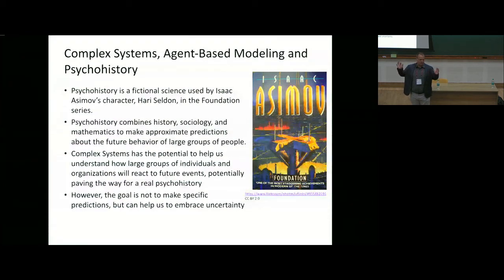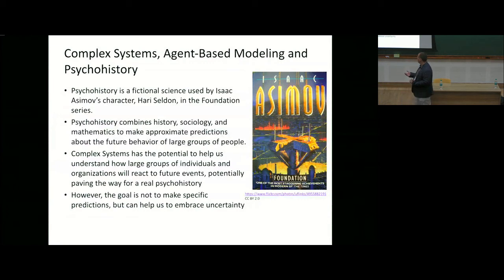How they're going to change, how they're going to alter in terms of society and the way the world is, and then tries to prevent disasters from happening, right? Essentially that is the goal of the Foundation, right? And they do this based upon a science of psychohistory, which in the book is described as a combination of history, sociology, and mathematics to make approximate predictions about the future behaviors of large groups of people, right?